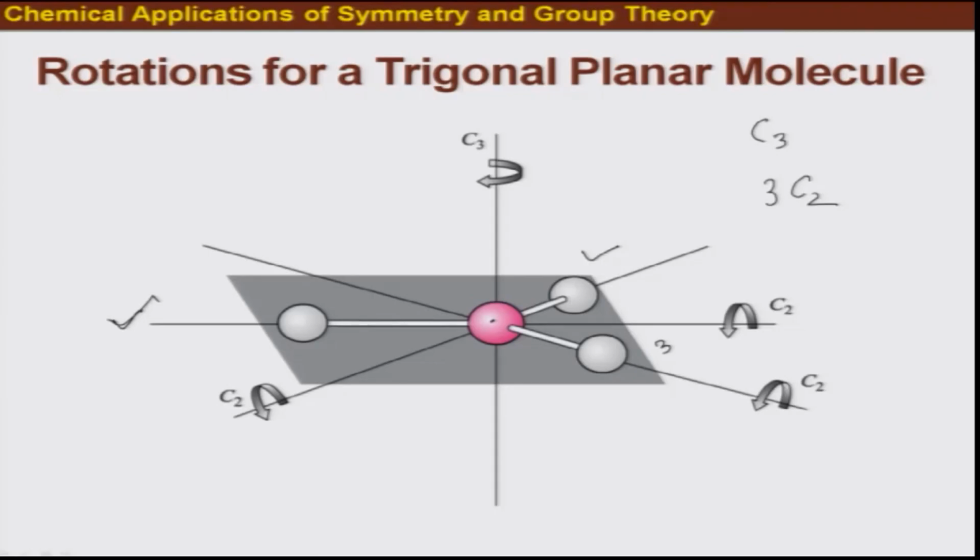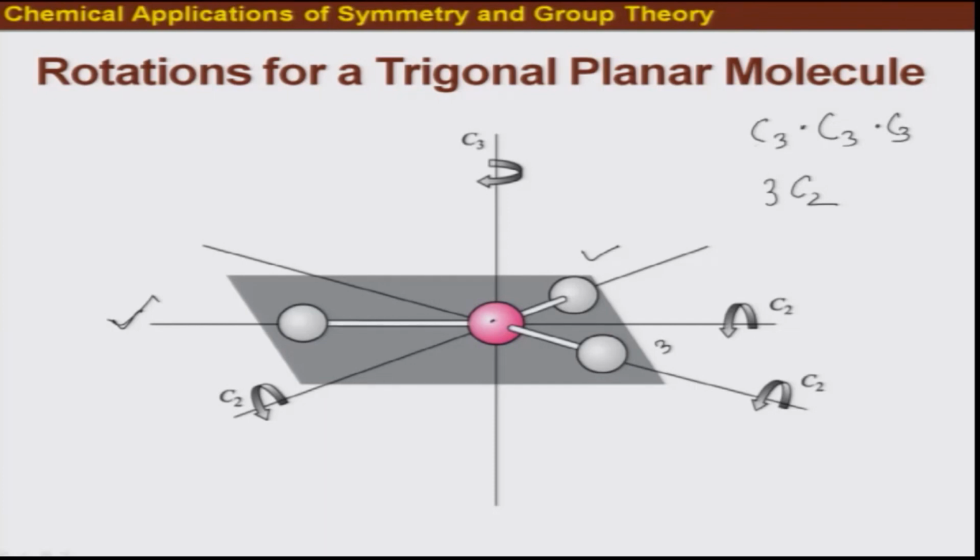Now we'll also see that this C3 is an element. When you operate this C3 consecutively, you can get indistinguishable structures. So you can have C3 followed by another C3 and then another C3, and you can keep going until you get an identical structure.